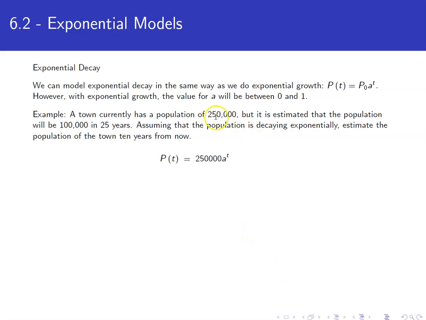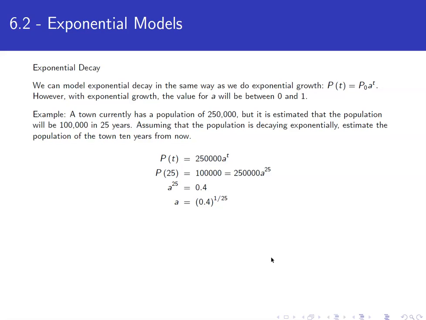Well, we know the population now is 250,000, so we can plug that in for P0. We're told that in 25 years, the population is supposed to be 100,000. Putting 25 in for t gives us this equation to solve. Dividing both sides by 250,000, we get the equation a to the 25th equals 0.4.